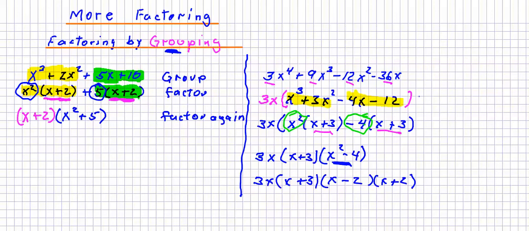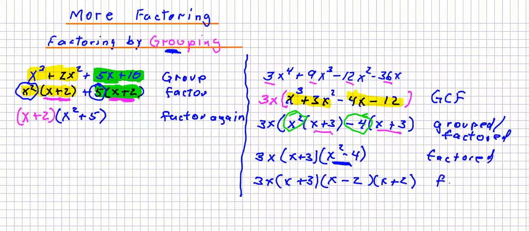But again, we took out the common factor, we grouped, and factored, factored again, and we factored one last time.